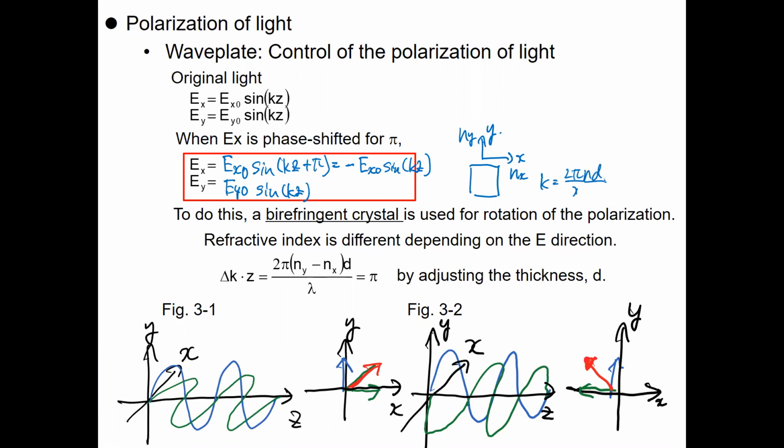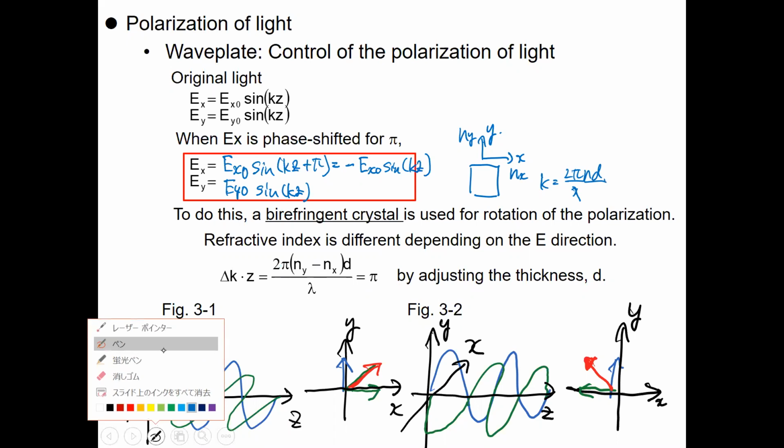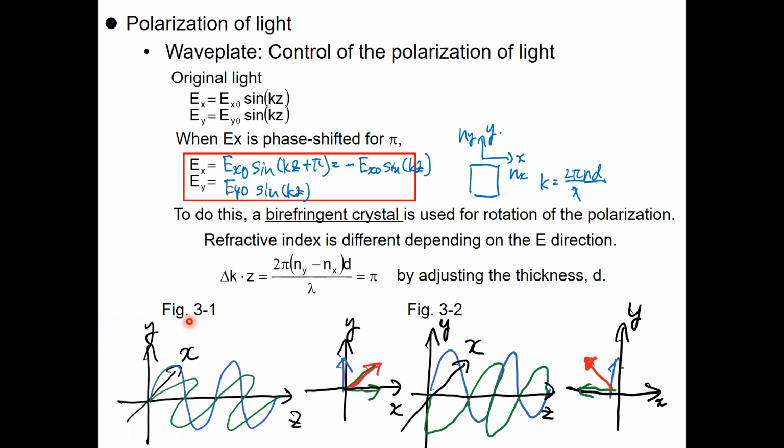If you think about delta k, the phase difference between the EX field and the EY field can be calculated as 2 pi times (n of Y minus n of X) times d over lambda. If this value becomes pi, you can make this phase shift.